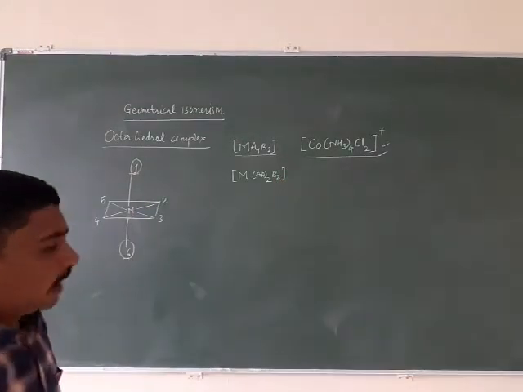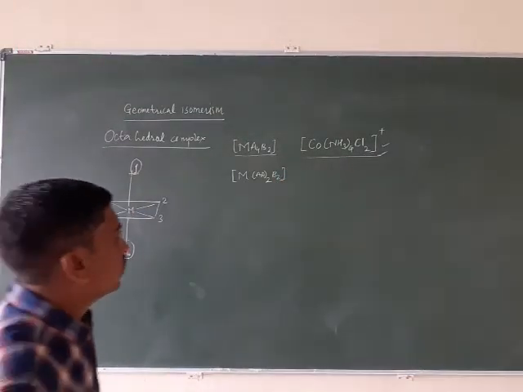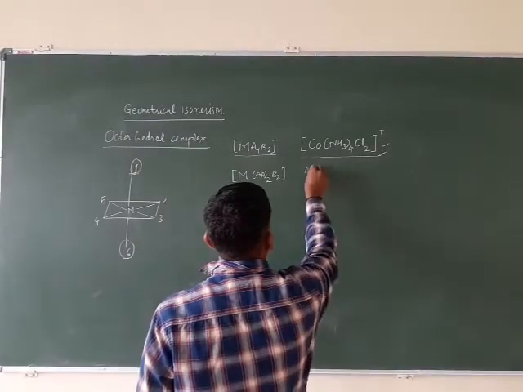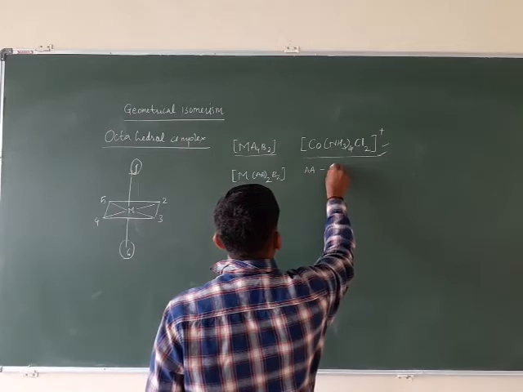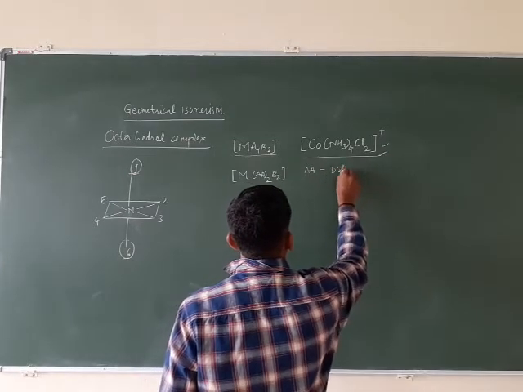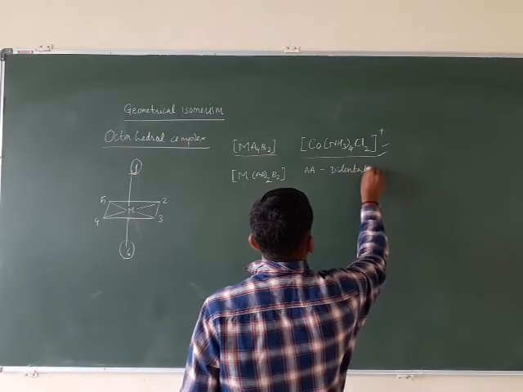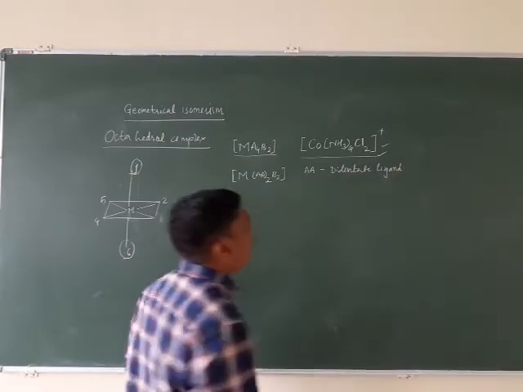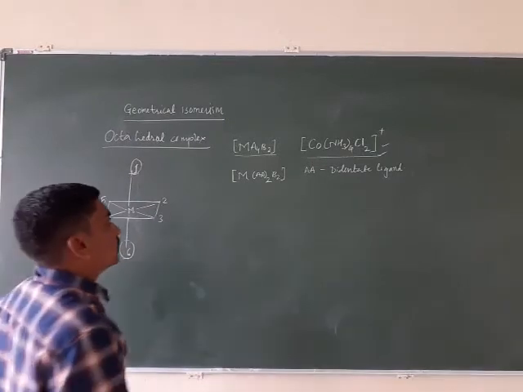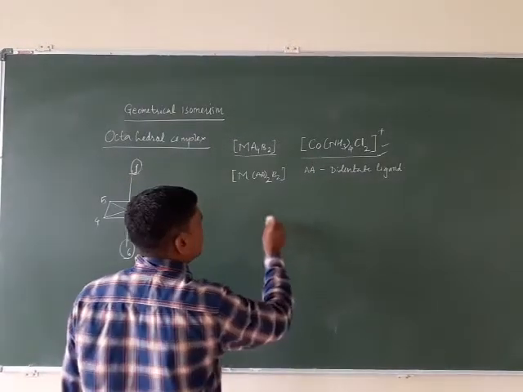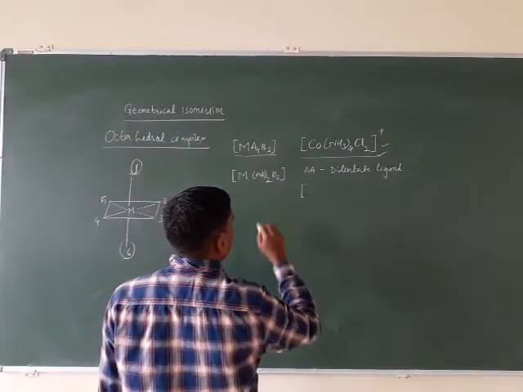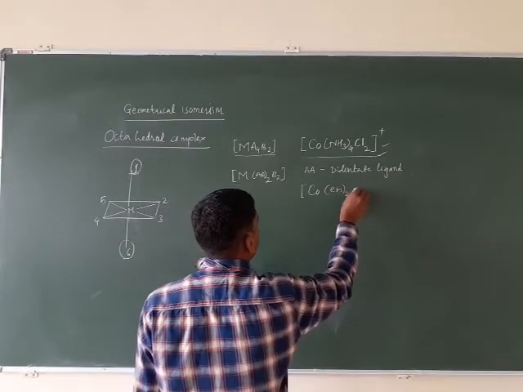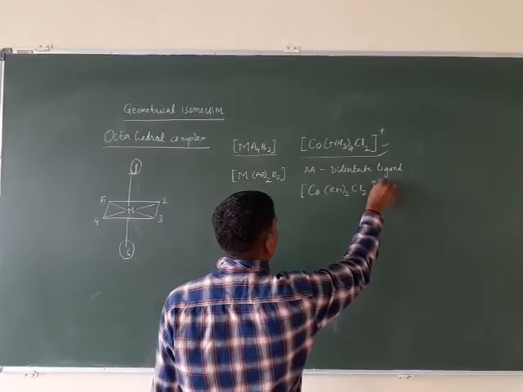Here I have written MAA2B2, where A is a didentate ligand. For this we can take an example, once again Co(en)2Cl2 plus.